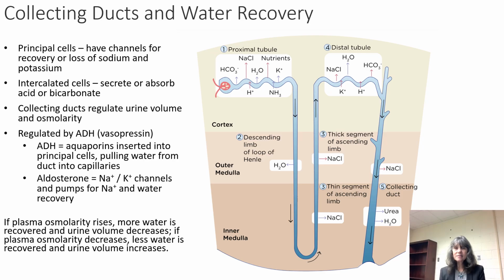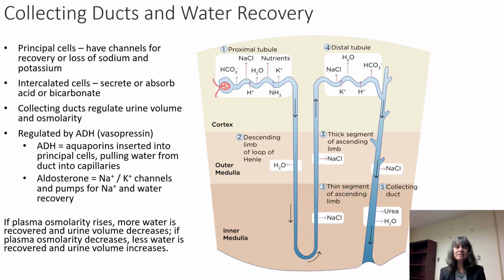The collecting duct's main function is for water recovery. However, other things can happen in the collecting ducts. There are different kinds of cells in the collecting ducts, including principal cells, which have channels for the recovery or loss of sodium and potassium. There are also intercalated cells, which are designed to secrete or absorb acid or bicarbonate.